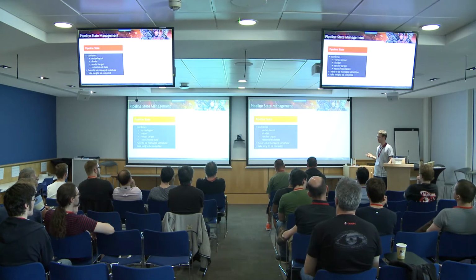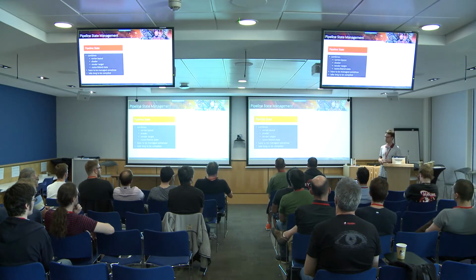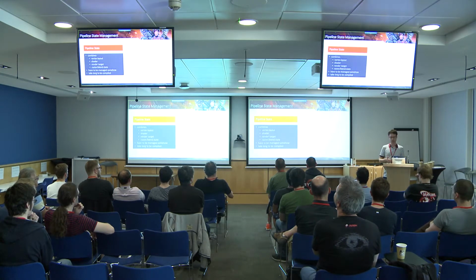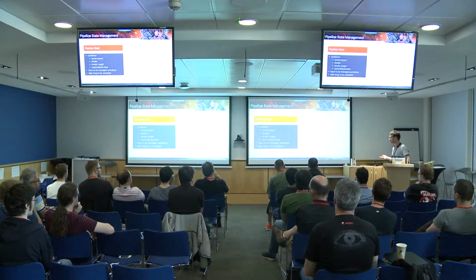For us, this is not really a resource, so we don't load something from the disk to create a pipeline state; it's more something that happens implicitly. Once you try to render into a render target, you are going to need a pipeline state that can render into this render target. So it's very difficult to pre-generate all the pipeline states because that would be way too many and it is quite slow. And also you might not even know all the pipeline states you are going to need.